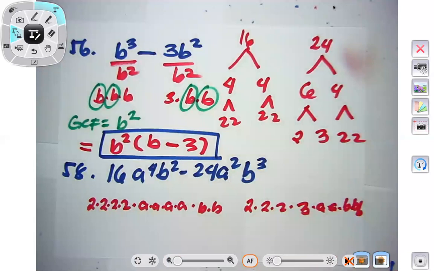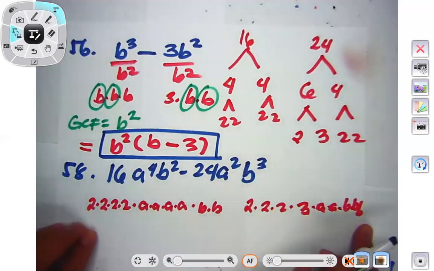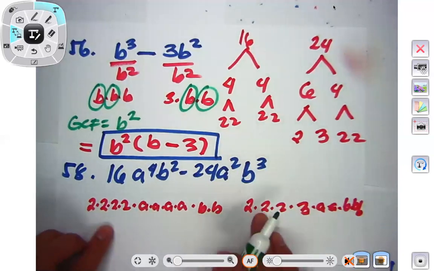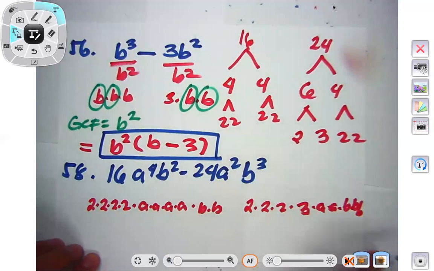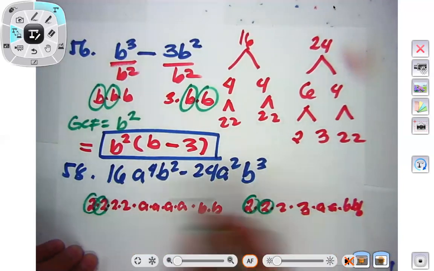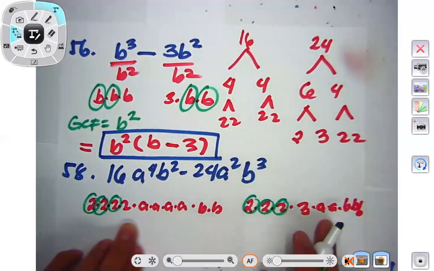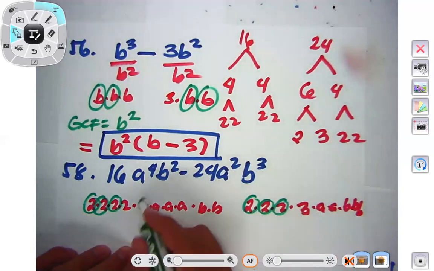Okay. Now, comparing these two, which are common? How many twos are common? There are several twos. How many twos common? 4 twos or 3 twos? Only 3. How many a's common? 2.